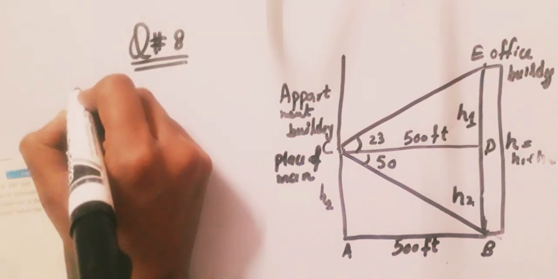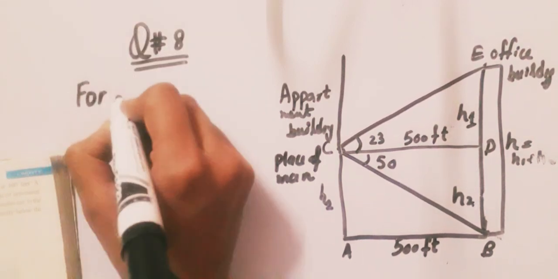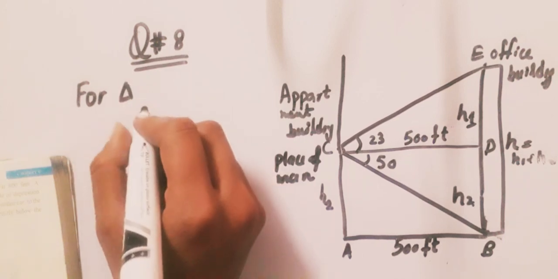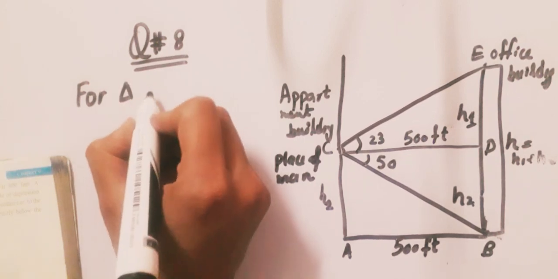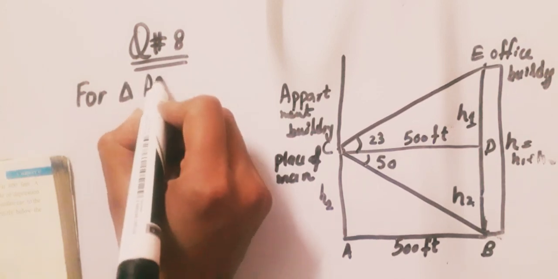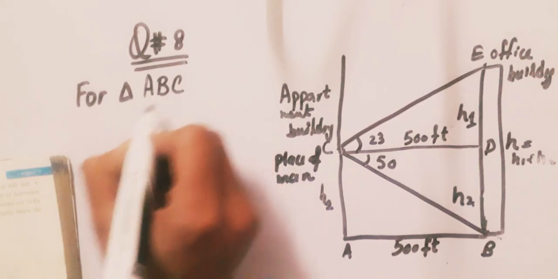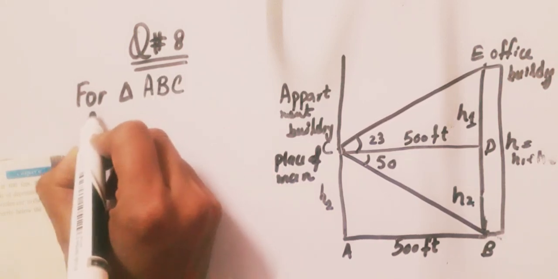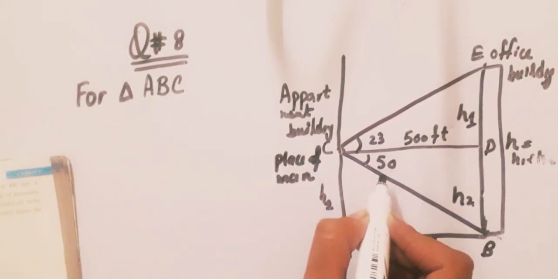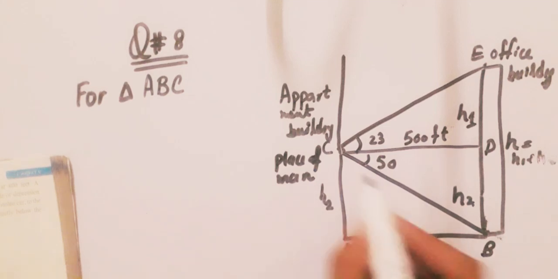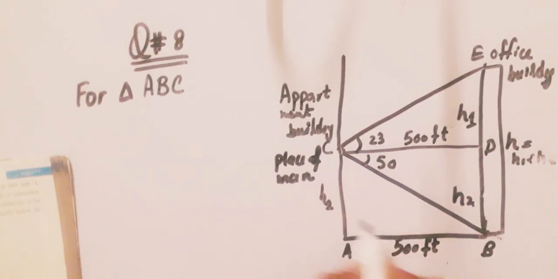Now for triangle ABC, first you will calculate the value of h2. Now this is a right angle triangle.